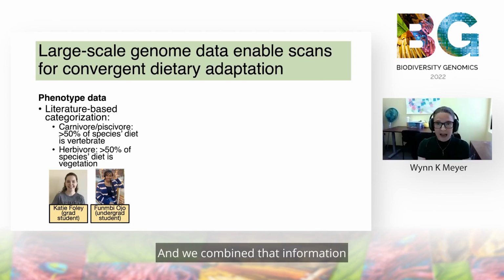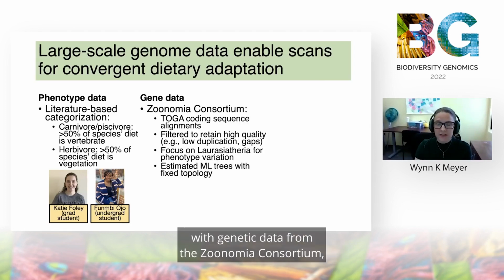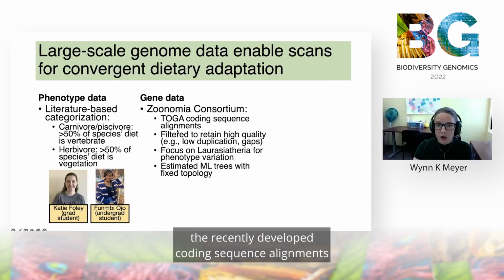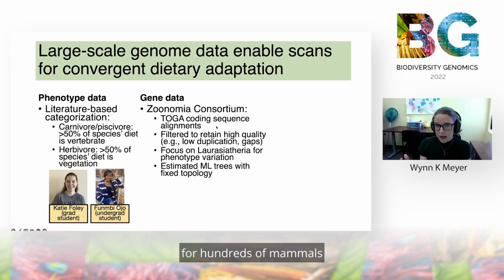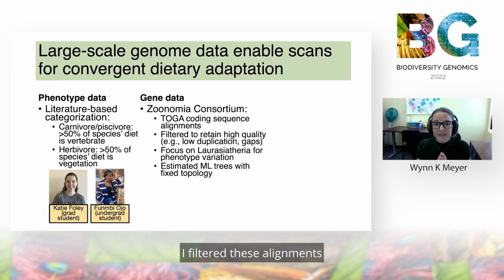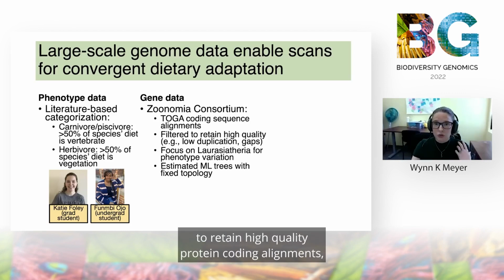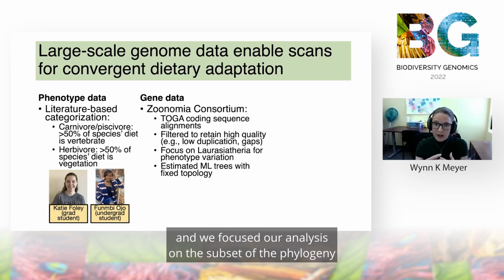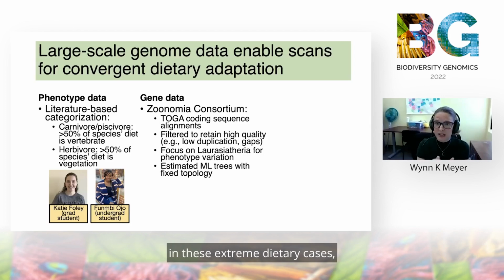And we combined that information with genetic data from the Zoonomia Consortium, the recently developed coding sequence alignments for hundreds of mammals using the Hiller Group's TOGA algorithm. I filtered these alignments to retain high quality protein coding alignments. And we focused our analysis on the subset of the phylogeny for which there was variation in these extreme dietary cases, so specifically Laurasia.